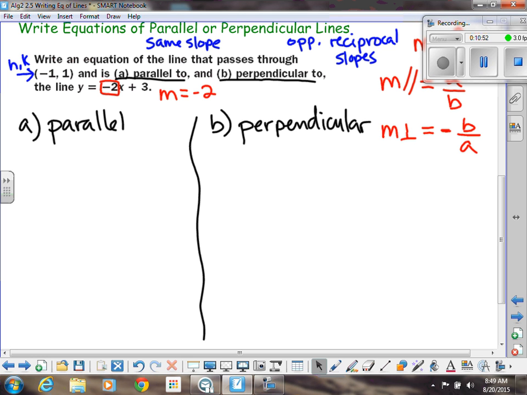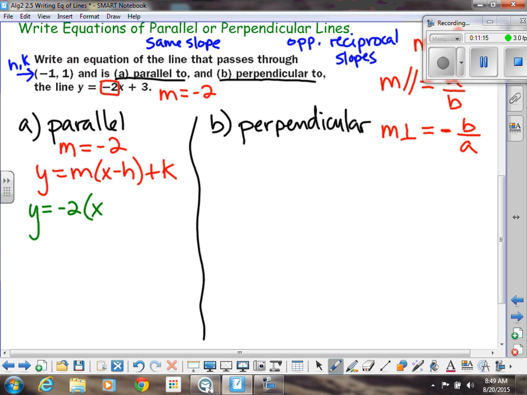All right, so if I'm using hk, I know that for my parallel line, I want the m to be exactly the same as the original, so that's negative 2. And then I'm using this formula. Okay, that's the hk form. So I'm plugging in negative 2 for m, and then h is negative 1.